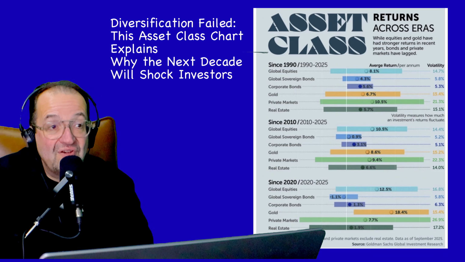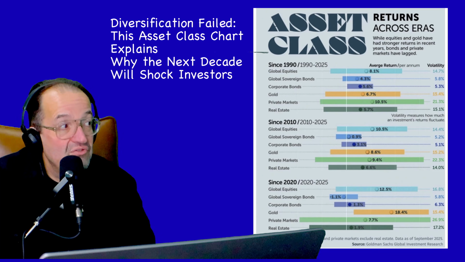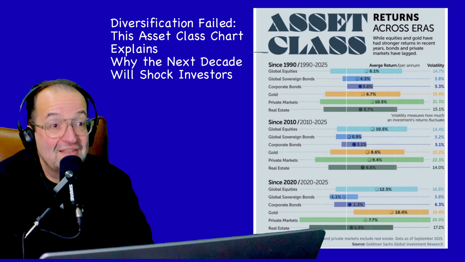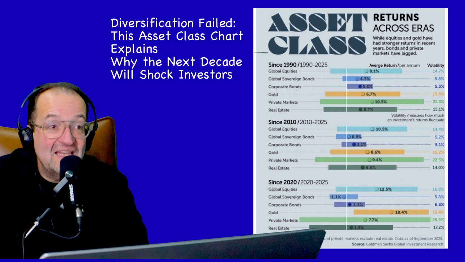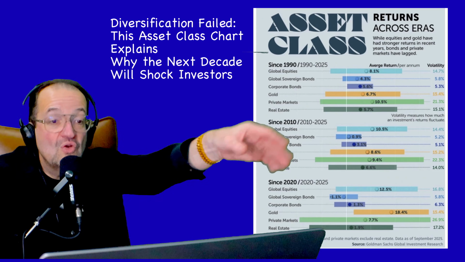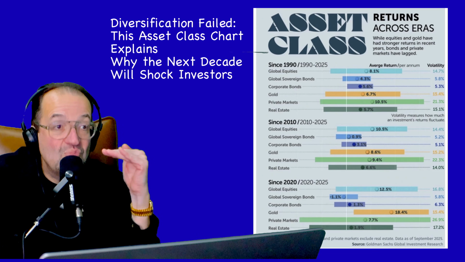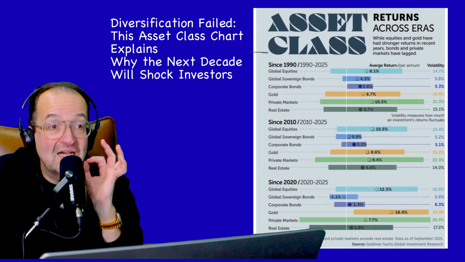Real estate, 5% return, again 15% volatility. A real asset that worked when rates fell, leverage was cheap and demographics were favorable. The key takeaway: diversification worked because macroeconomic forces were stable and predictable. But that world is gone.